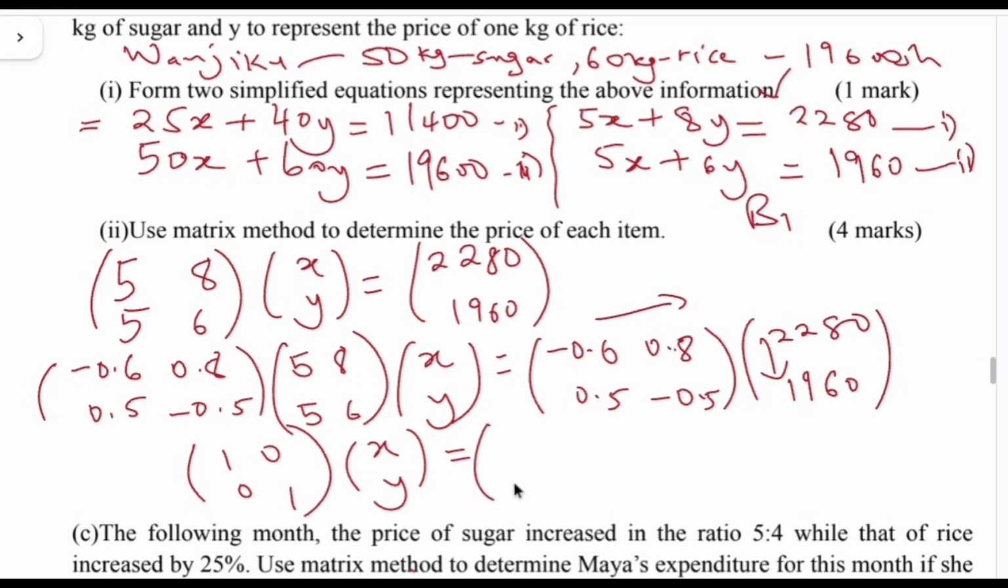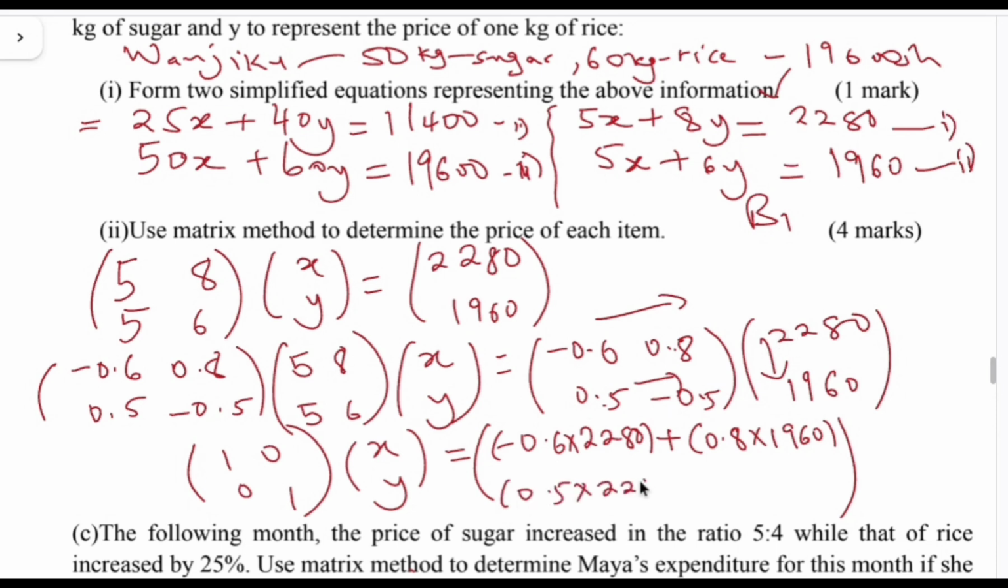So negative 0.6 times 2280 plus 0.8 times 1960. So alafu 0.5 times hizi mbili pia. So 0.5 times 2280 plus negative 0.5 times 1960.